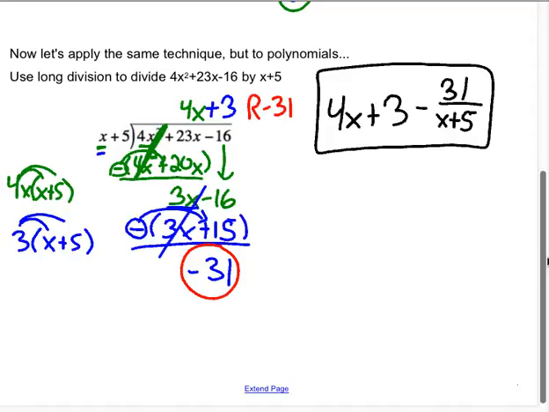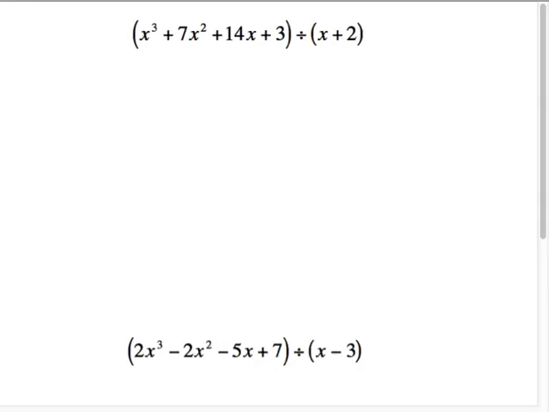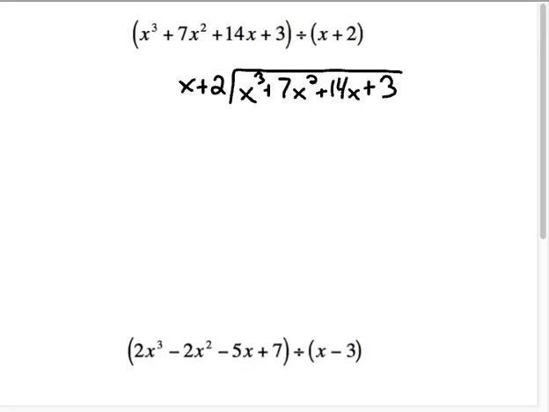So let's take a look at a little bit bigger example. So now let's work with a cubic function, dividing that out. So when I take this, again, the first thing you want to recognize is how to write this. So I'm going to take that x plus 2 on the outside, and I'm going to put what is being divided on the inside.